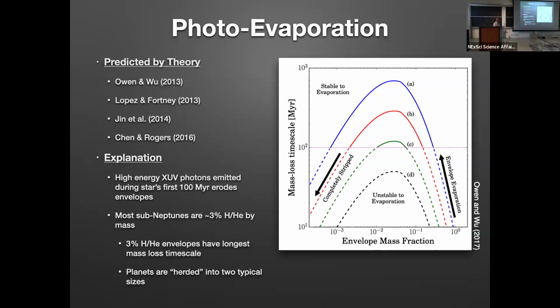But if you started to the left of that peak, with a small envelope mass fraction, then over the course of that 100 million years, even though you're smaller and absorbing less, it's going to be easy to evaporate away all of that atmosphere, and you're going to end up with just a bare rocky core. That tends to herd these planets into the two groups that you see in the planet radius diagram.